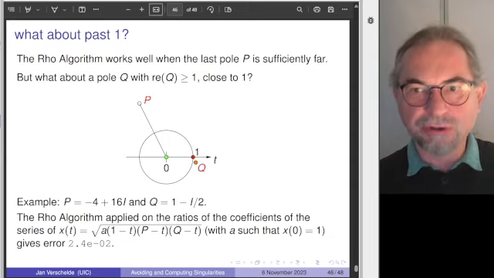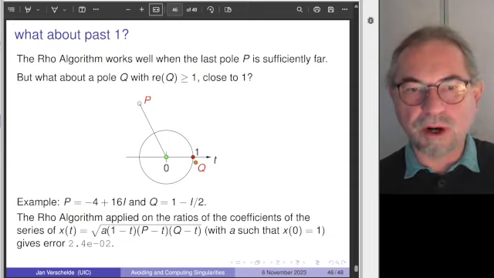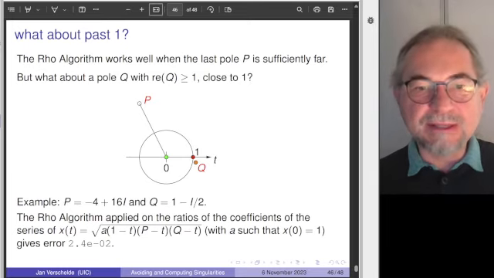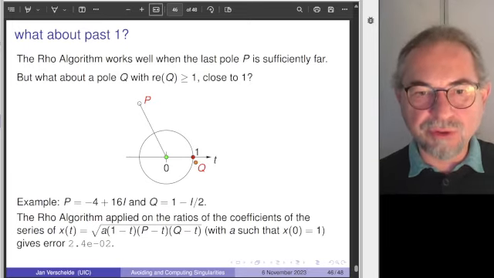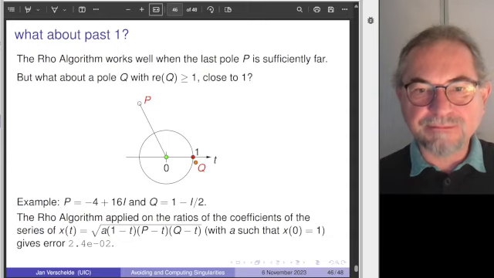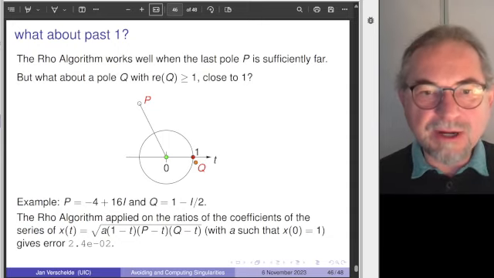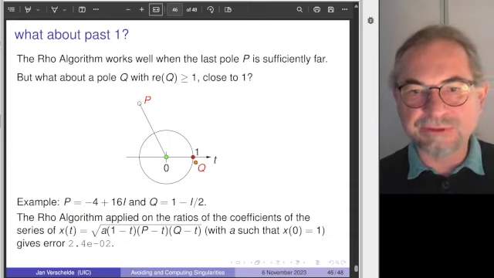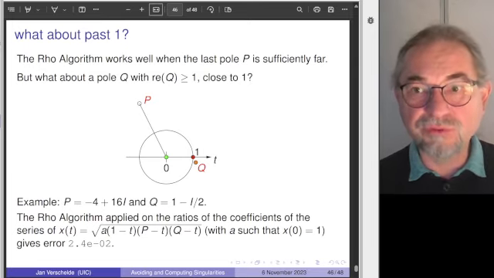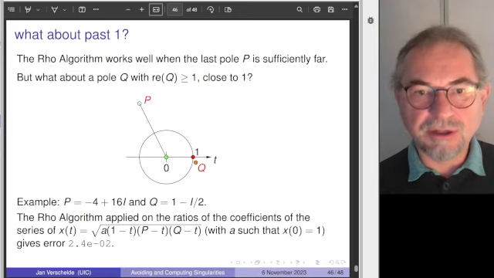So you have this orange that is close to 1. And then if you apply the row algorithm to this, you have an error that is still quite large, even if you use 32 terms in your series.